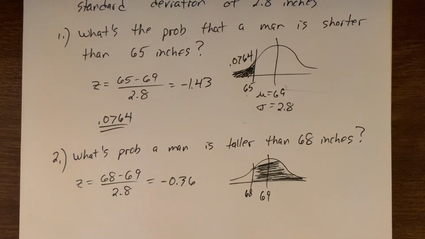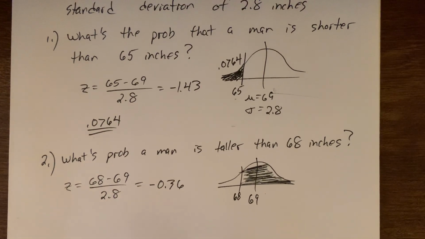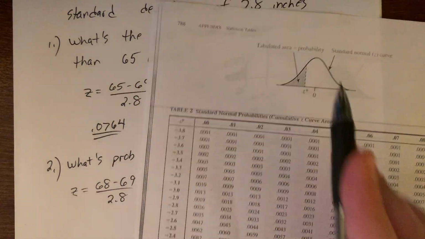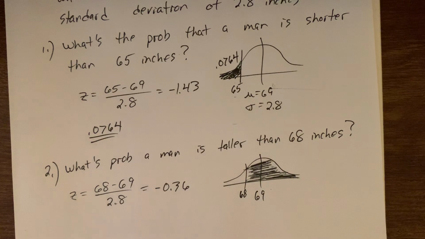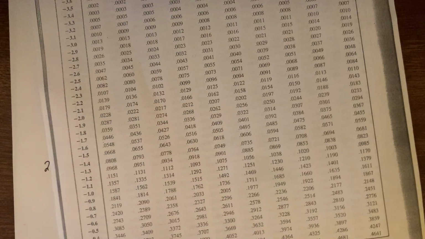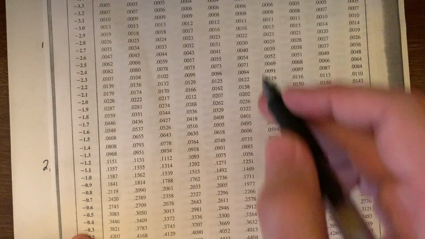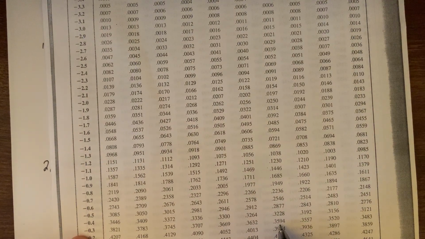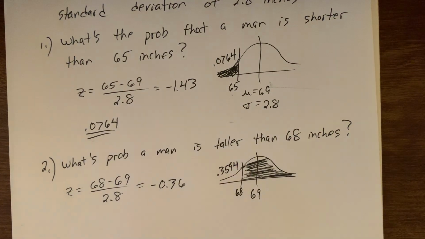Okay, but now this is exactly what we were describing in the previous problem after we finished it. If I look up this z on this chart, I get the left tail region, but that's not what I want here. So I'll still use this chart. 0.36 would get me to here. So I get the 0.3594, but put it where it belongs.